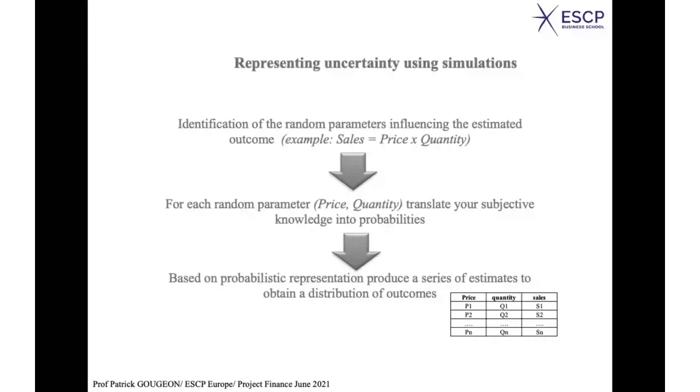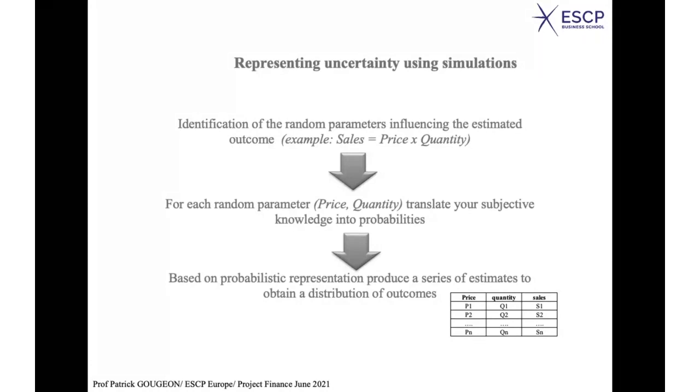You can use Excel tables to do that. Because you know the probabilistic characteristics of the price, you can develop a series of 1,000 prices which will be distributed following the probabilistic characteristic of the price.